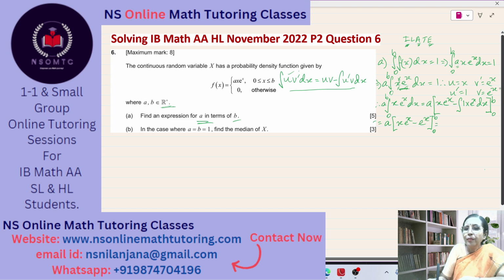I will be substituting b in place of x. So b e to the power of b minus e to the power of b, minus 0 times e to the power of 0 minus e to the power of 0, and all of this should be equal to 1, of course.